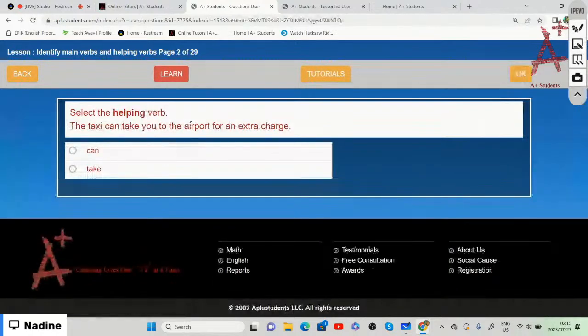You need to select the helping verb within the sentence. The taxi can take you to the airport for an extra charge. We need to select the helping verb within that sentence.